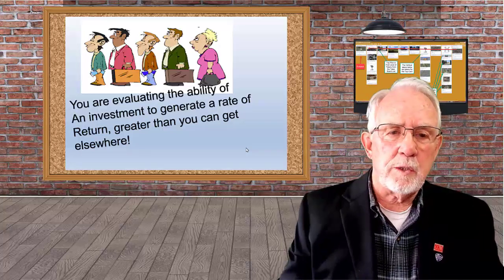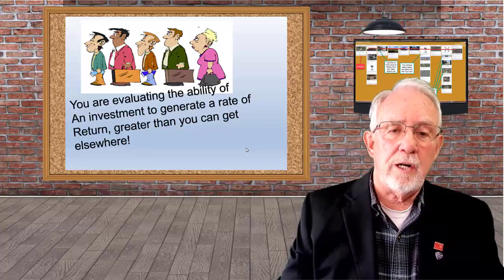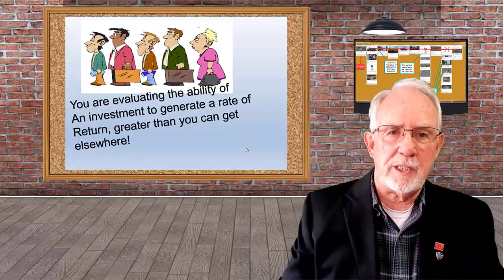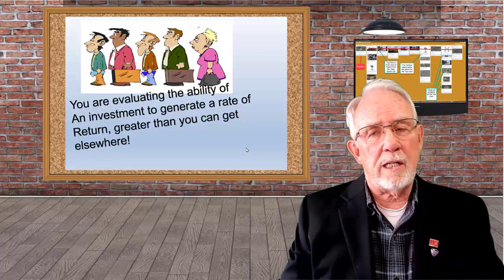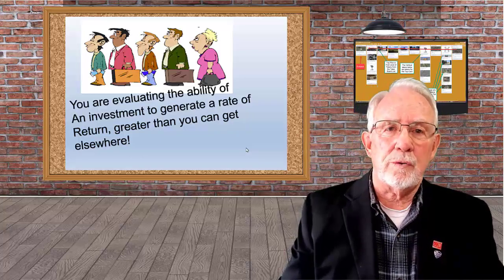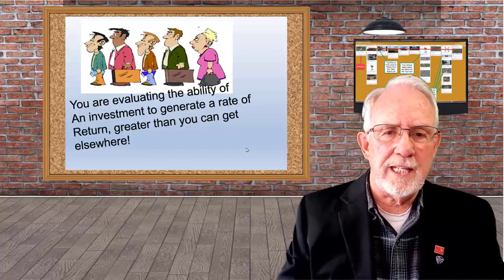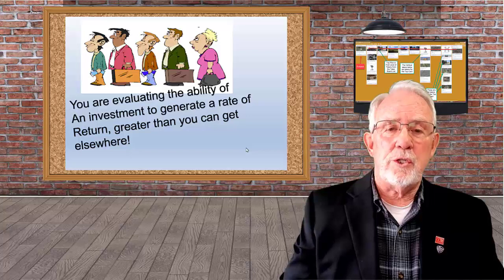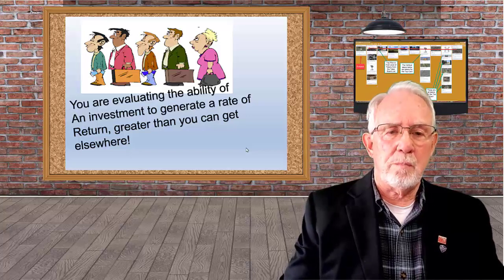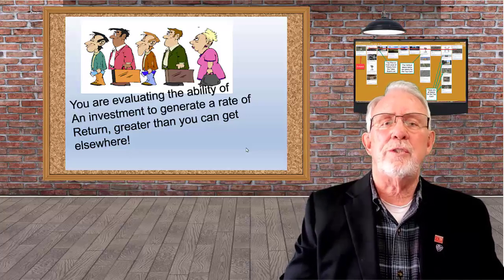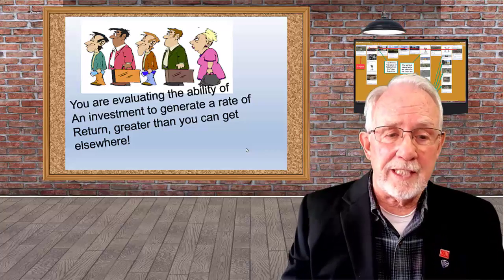Now, here is a picture that I like, and I use it quite often in my videos. And here are all these brokers lined up, and they are evaluating an investment. And when you're evaluating an investment, you want a good NOI, because everything is based off of the NOI. The lenders use it, the appraisers use it, other brokers use it, your sellers use it, and your buyers will definitely use it.